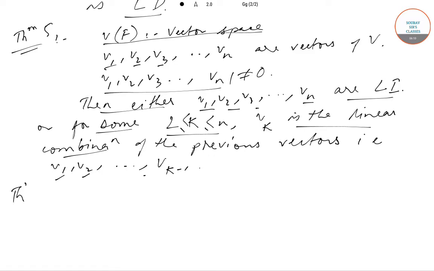Now in theorem 6, it has been said that we have a vector space Vf. This is the vector space.